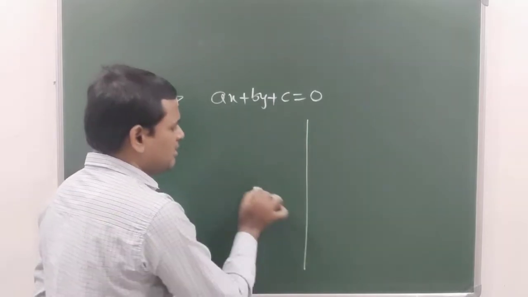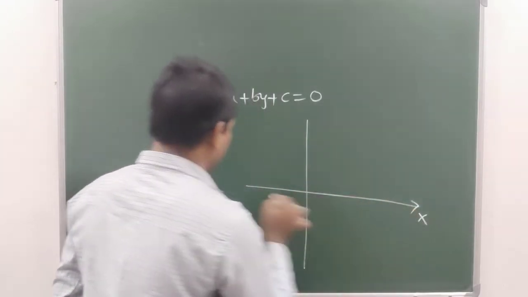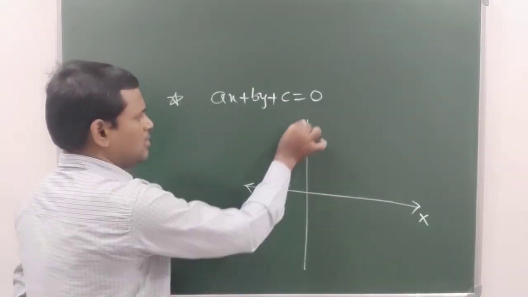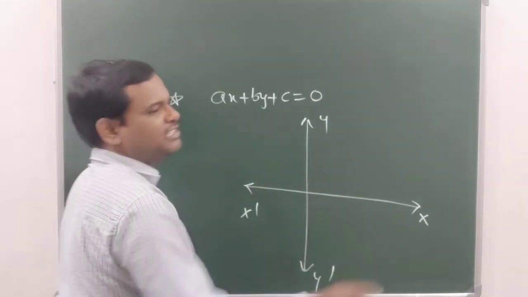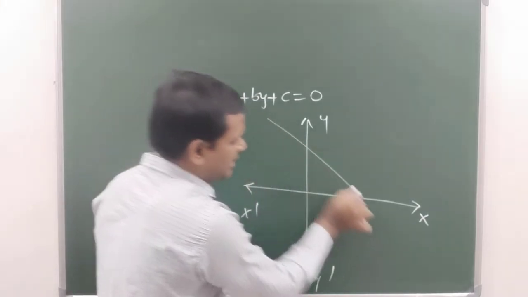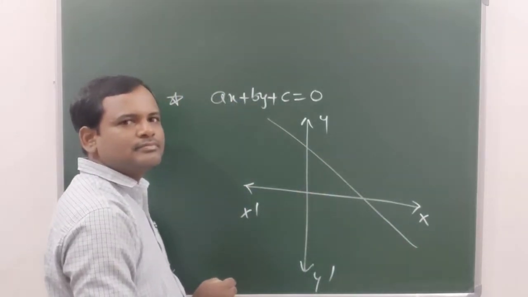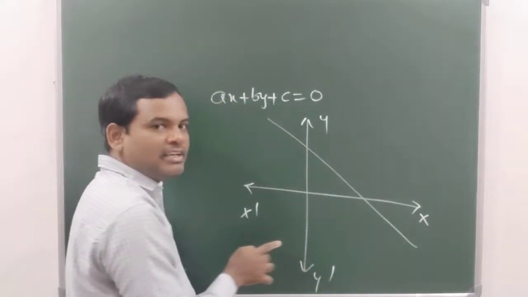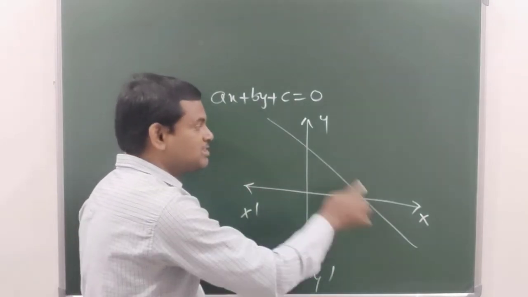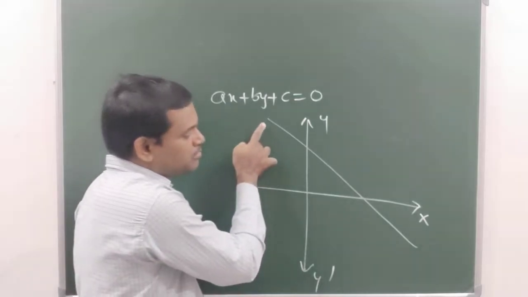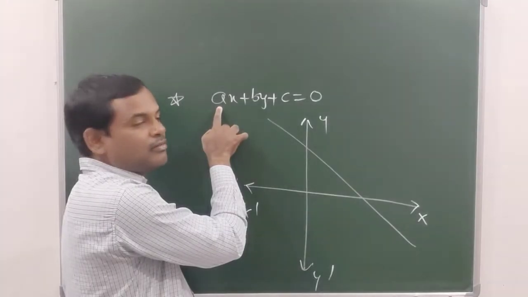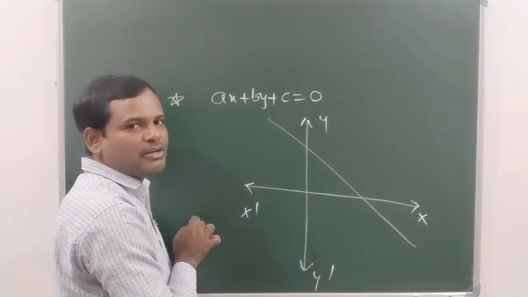Now let us take its graph on this Cartesian plane. So we may get it like this. Whenever this line is neither parallel to the x-axis nor parallel to the y-axis, a is not equal to 0 and b is not equal to 0.